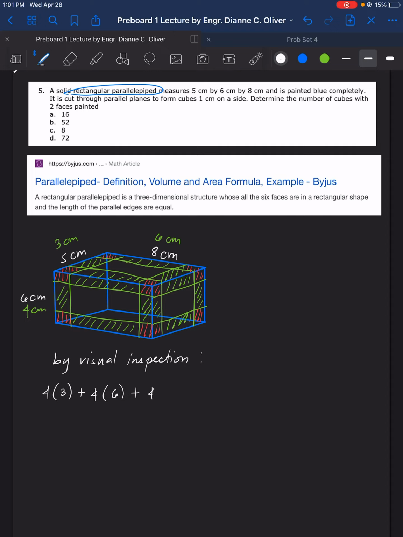So that is 4 times 4. How many cubes are they? That is 52 pieces of 1 centimeter cubes. So the correct answer is letter B, 52 pieces. So that is by visual inspection.